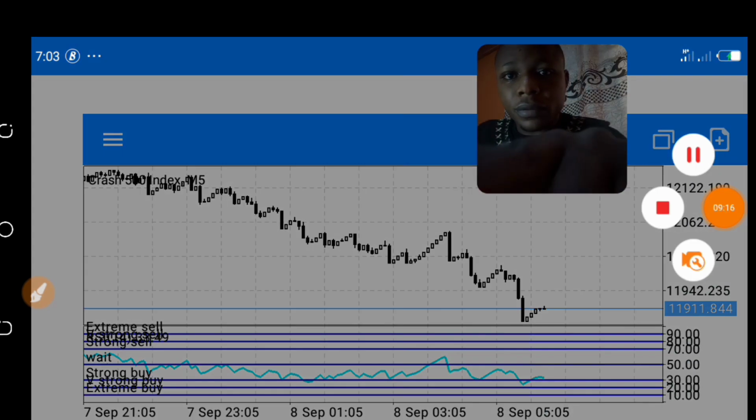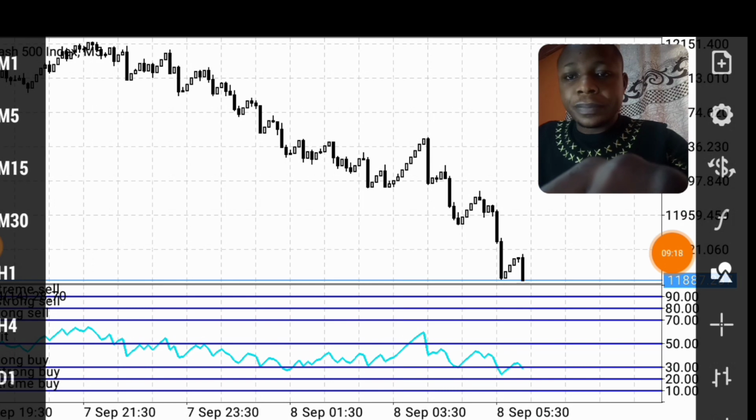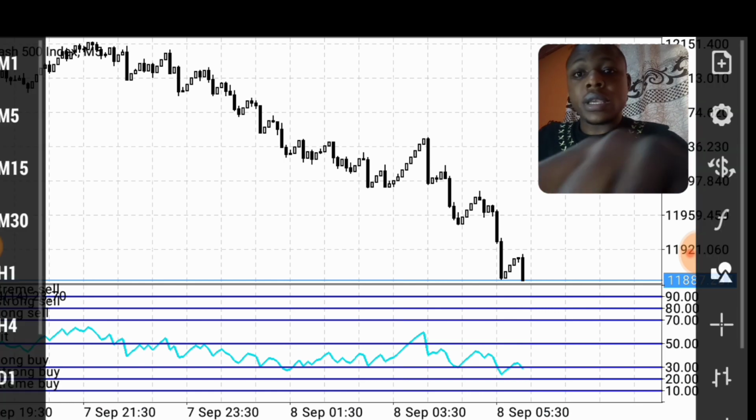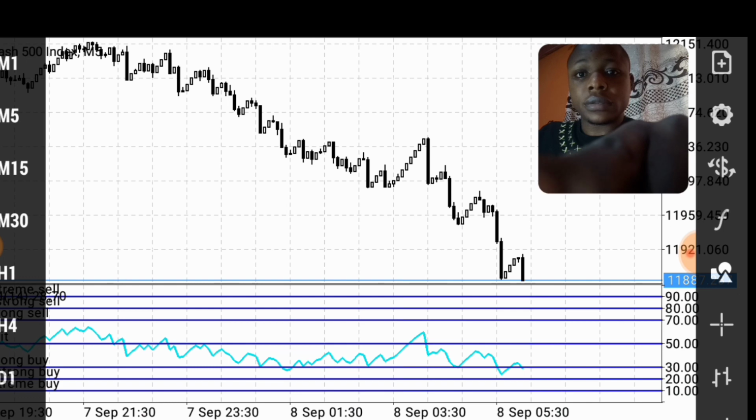So let's move on. The next indicator is the awesome oscillator. You may put it inside this RSI window, or if you like, you can take it outside.